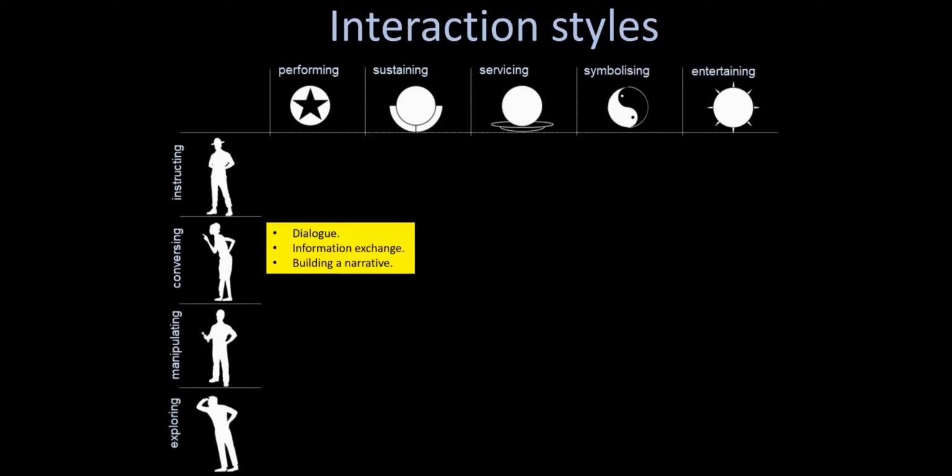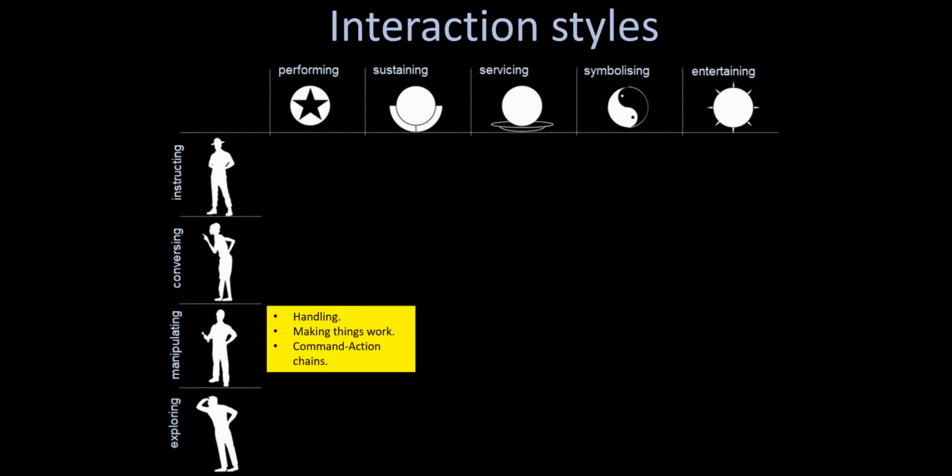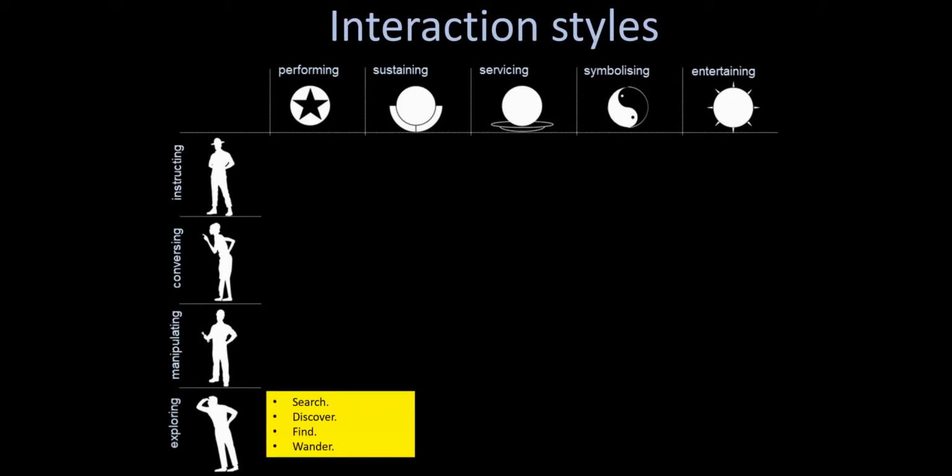Another interaction style is conversing, which is more about establishing a dialogue and having information exchange and building a mutual narrative. A third interaction style is manipulation, where it's all about handling things, making things work, very typically in command-action chains. And the fourth interaction style is exploring. So that's more about search, discovery, finding, and wandering.